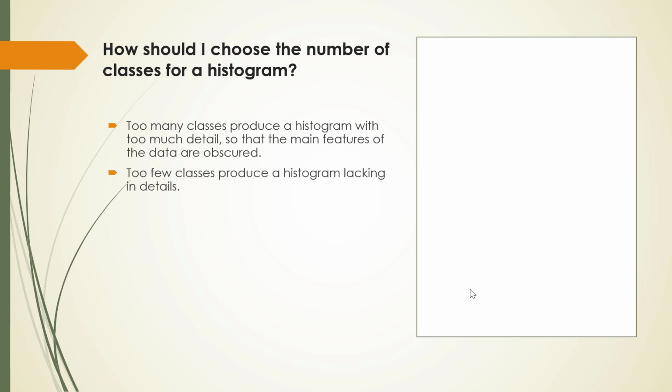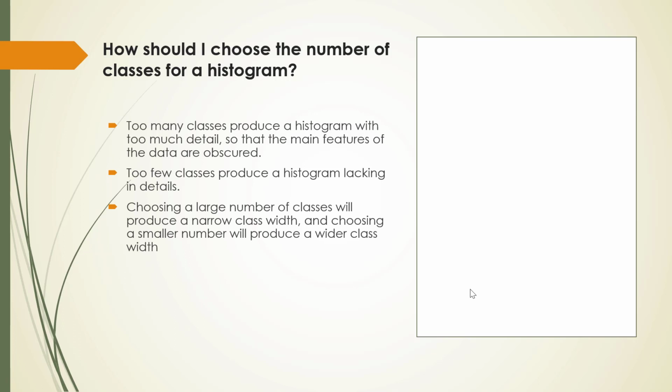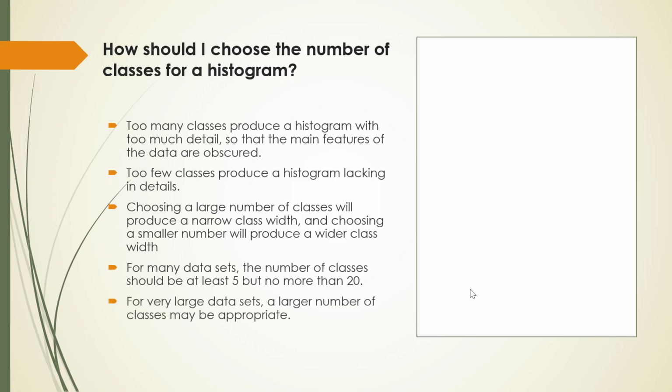If we have too few classes, it would produce a histogram lacking in detail. Choosing a large number of classes will produce a narrow class width, and choosing a smaller number will produce a wider class width. For many datasets, the number of classes should be at least 5, but no more than 20. And for very large datasets, a large number of classes may be appropriate.